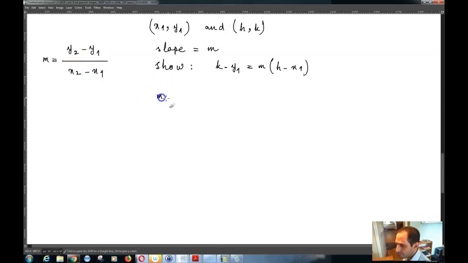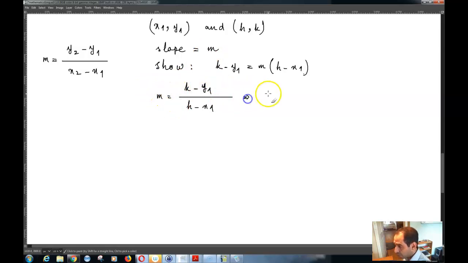So over here you can write m is equal to, taking this as x2 y2 and x1 y1, k minus y1 over the denominator h minus x1, and that is the slope of your line, equal to m.